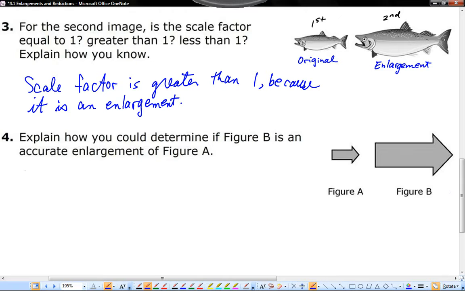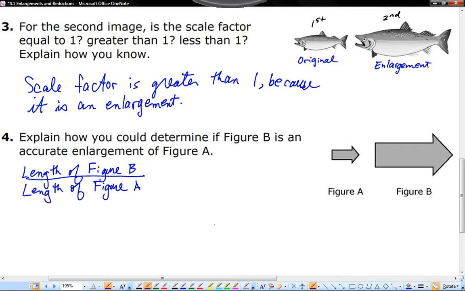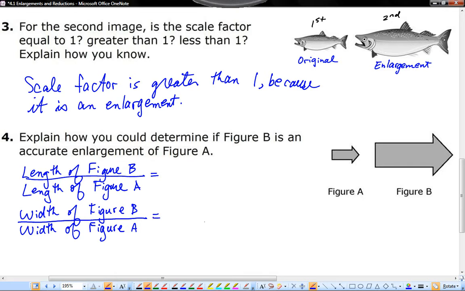I'd like to take a look at the ratio of the length of figure B compared to the length of figure A. And then the second thing that I'd like to do is take a look at the width of figure B, or the height, whatever you want to call it, and compare that with the width of figure A. And the reason that I want to do that is because we should get the same scale factor in both cases. If we don't, then there's been some distortion.